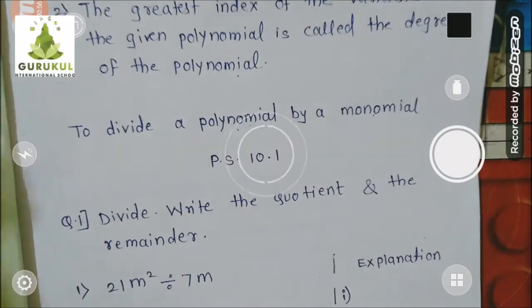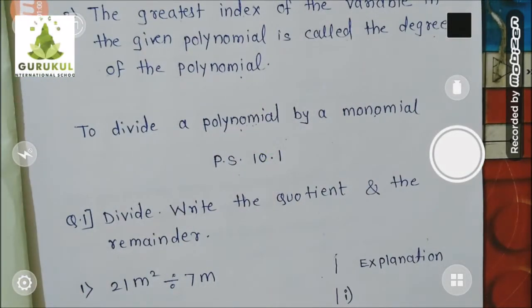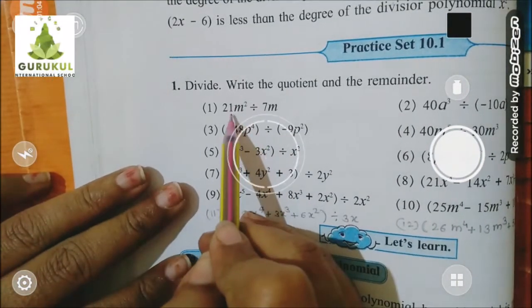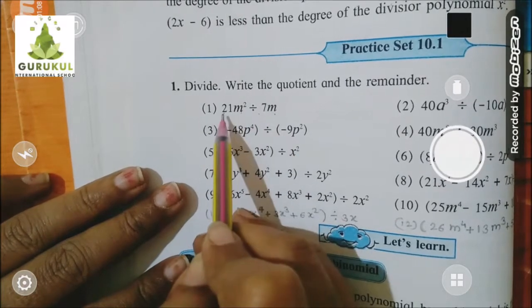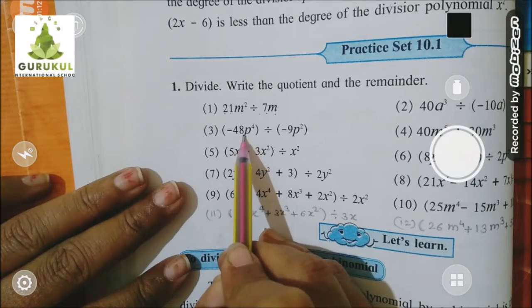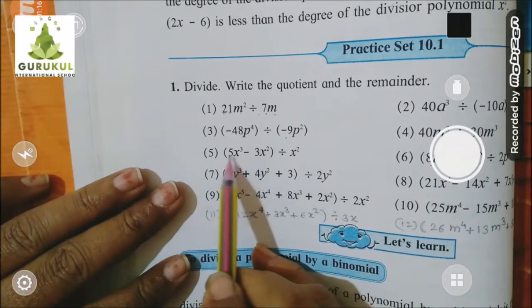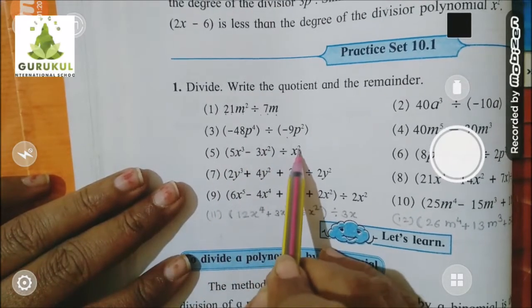As you can see in the textbook, see here the first example, 21 m square divided by 7m, means monomial divided by monomial. Here also, the same, monomial divided by monomial. But if you see the fifth example, two terms, means binomial divided by monomial.